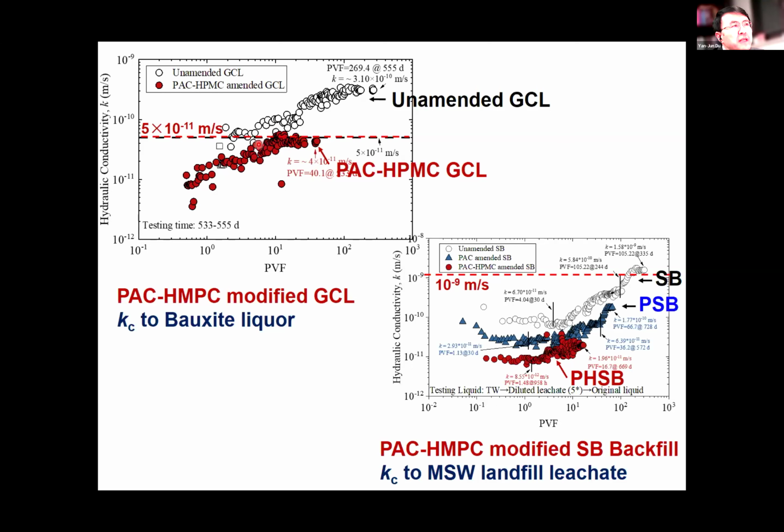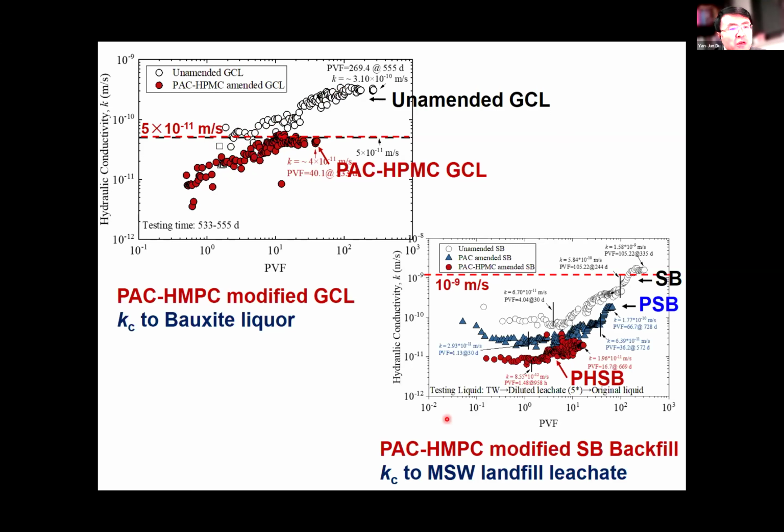That means most of the data are lower than 5×10⁻¹¹ meters per second. However, for the unamended GCL, the K is much higher than the commonly used value, that means 5×10⁻¹¹ meters per second.